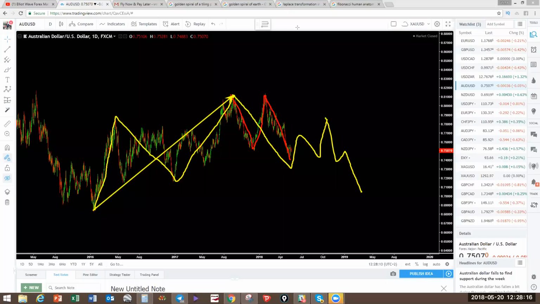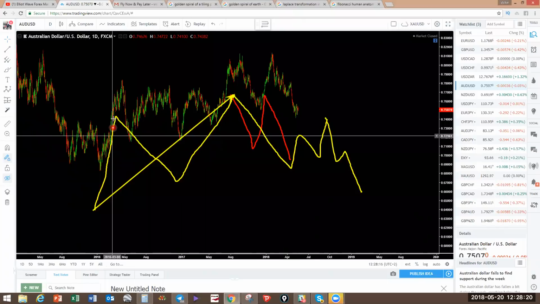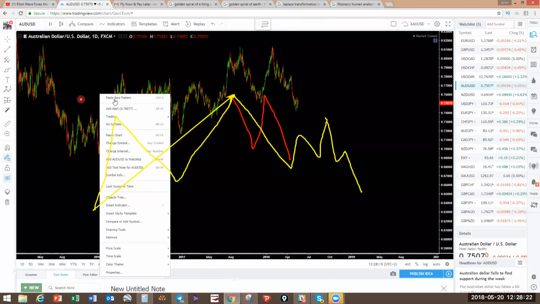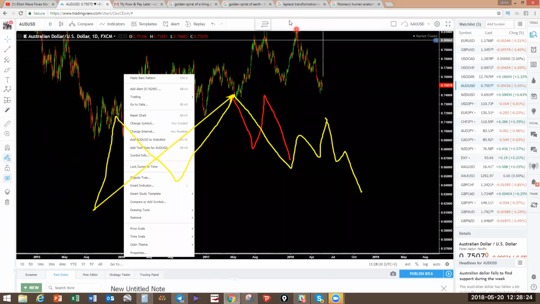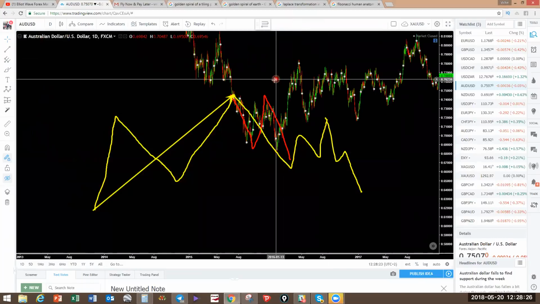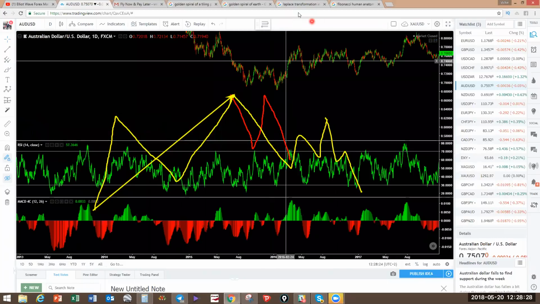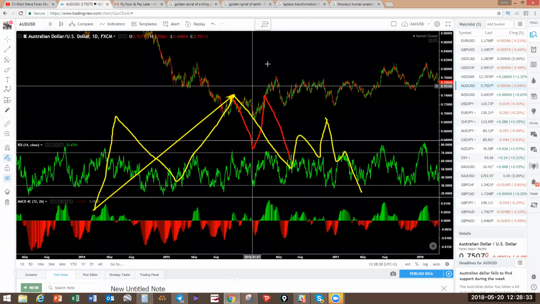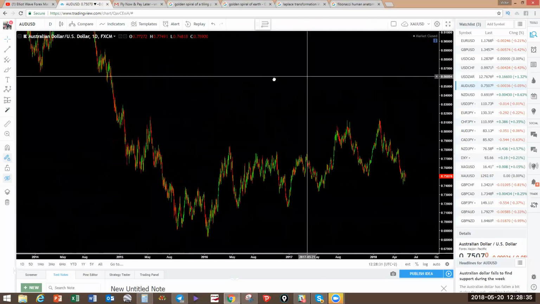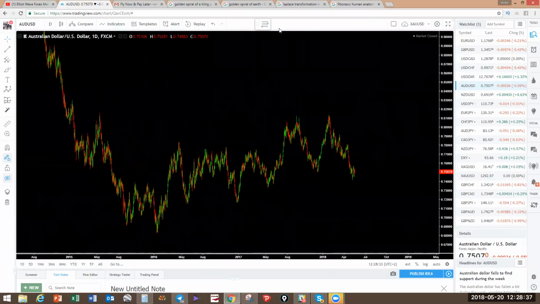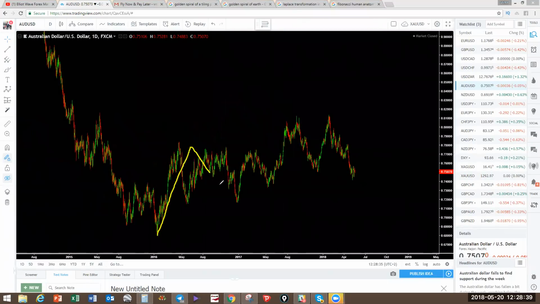As you can see, 1, 2, let me highlight. It's a 1, now I'm moving the wrong chart. Let's take this off. That's clear. Let's show you what we're looking at. So if this is a 1, this is a 2, this is a 3-wave move, right?